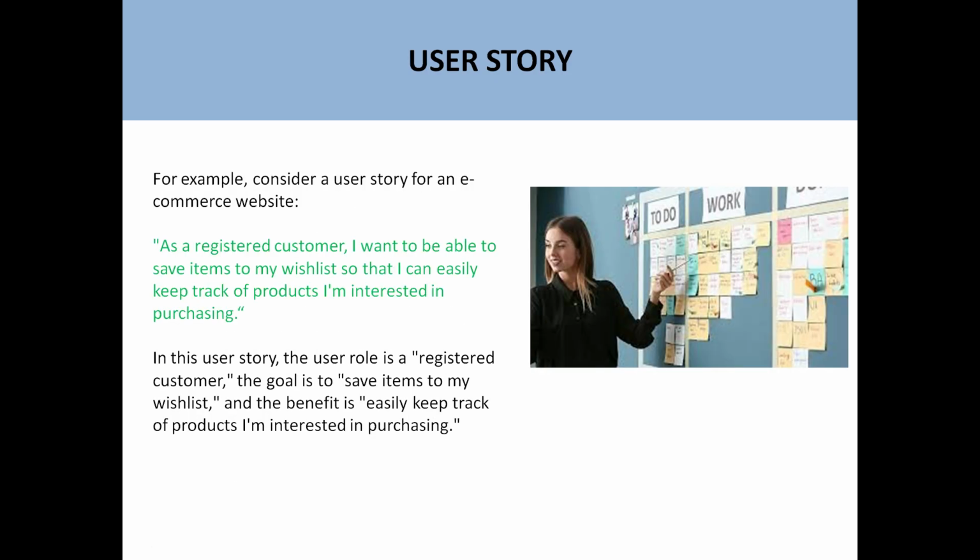Now let me give you an example of a user story. As a registered customer, I want to be able to save items to my wish list so that I can easily keep track of products I'm interested in. Here, the user role is the registered customer, which is the user. The goal is to save items to my wish list.